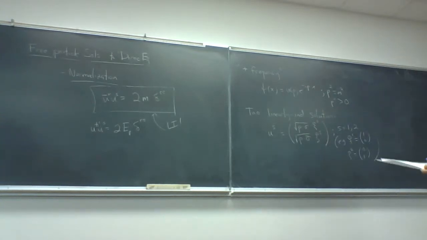So that's what we've done so far. All right. And like I said, it's only half of the solution, right? We still have to work out the negative energy solution or negative frequency solution. But in that case, you can go through all this stuff and you find basically the same thing with a few small changes here and there. Okay. So I'm just going to use this and change the notation.